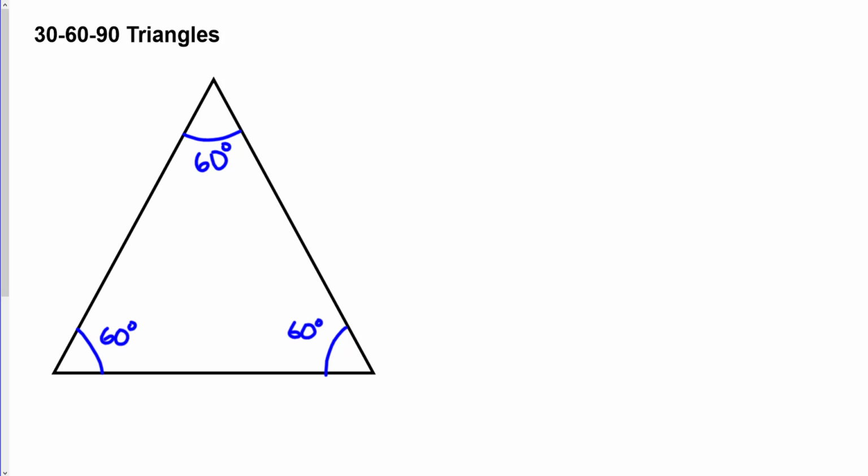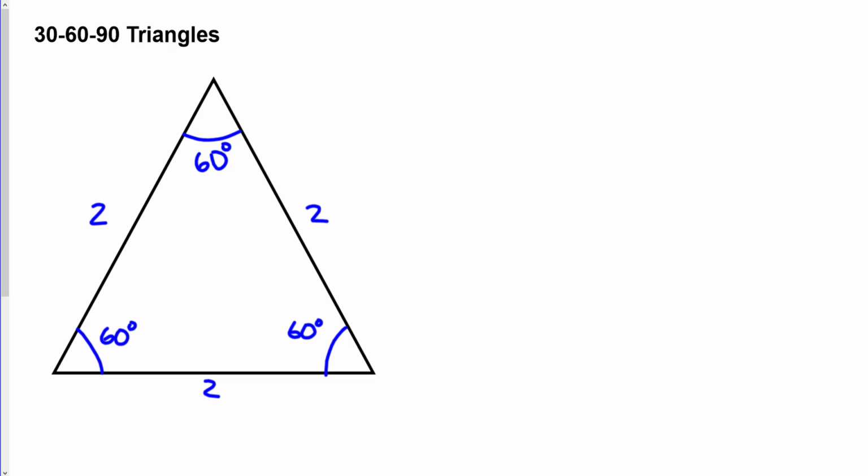It's also true that the side lengths opposite two angle measures that are the same are going to be equal as well. So in an equilateral triangle, all three sides are going to be the same length. I'm going to choose a length of 2, and it'll make sense in a moment why I'm choosing 2 rather than 1. I want to divide this triangle into two parts.